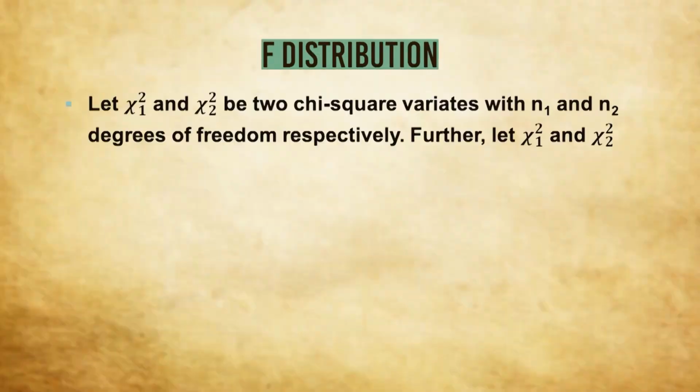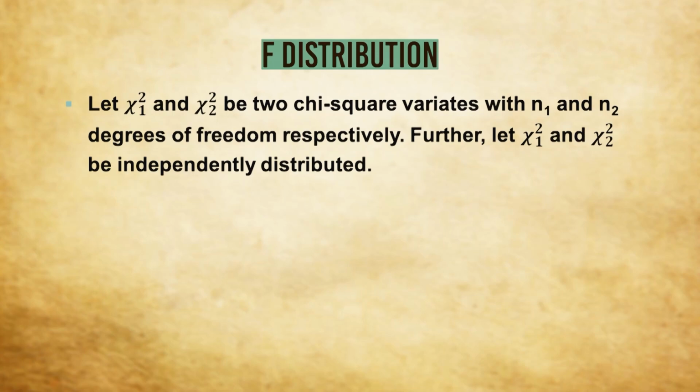Now we shall come to the F distribution. Suppose we have two chi-square variates, chi1 square and chi2 square. Chi1 square is a chi-square variate with n1 degrees of freedom, let us say, and chi2 square is also a chi-square variate with n2 degrees of freedom. We shall further assume that chi1 square and chi2 square are independently distributed.